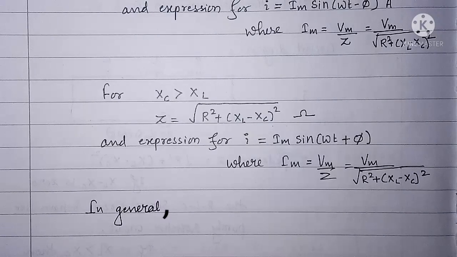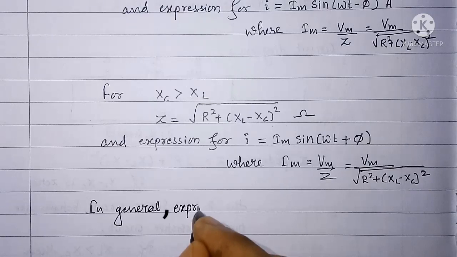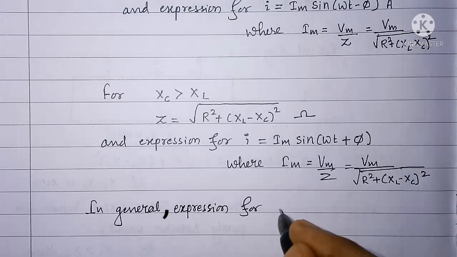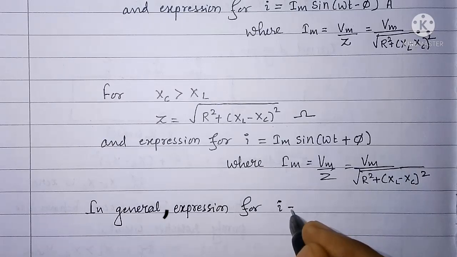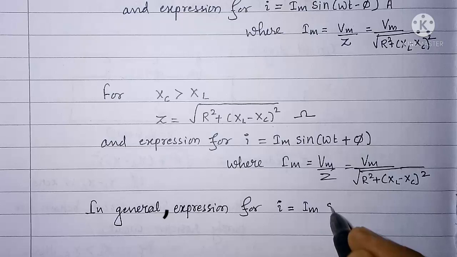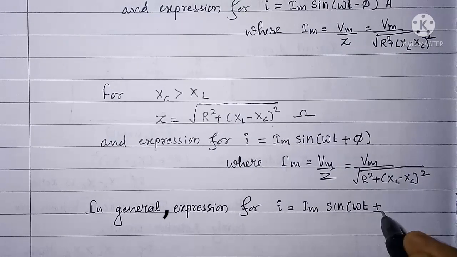In general, expression for I may be now written as Im into sine of omega t plus or minus phi.